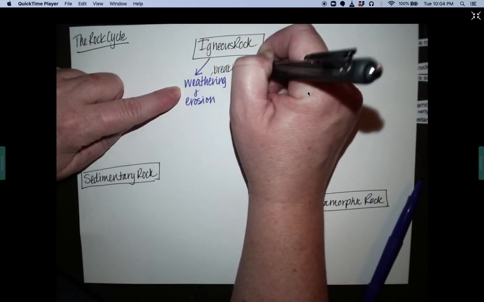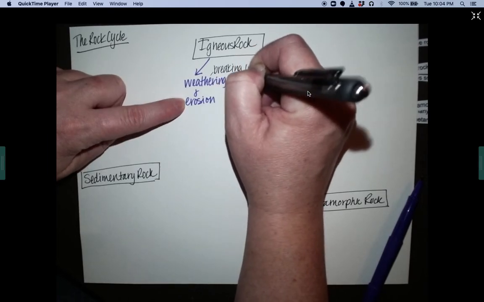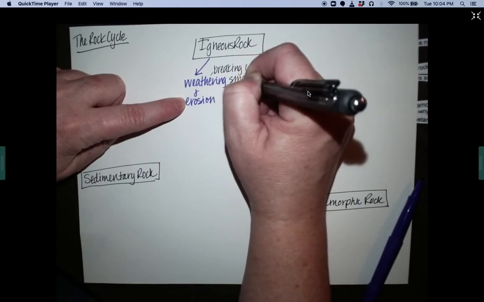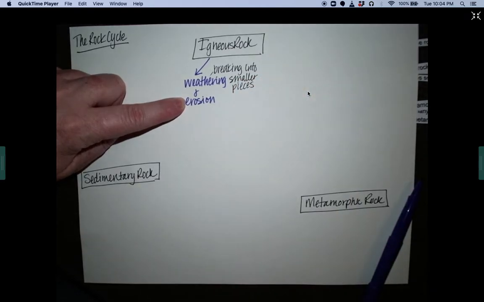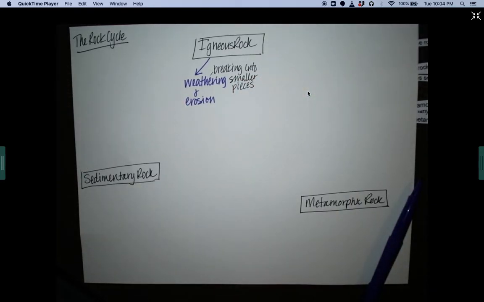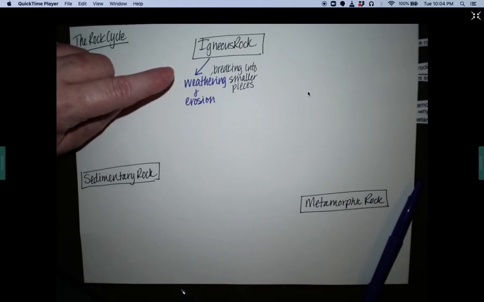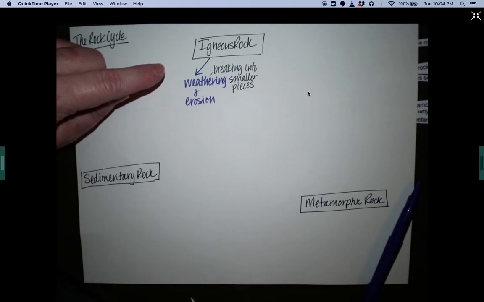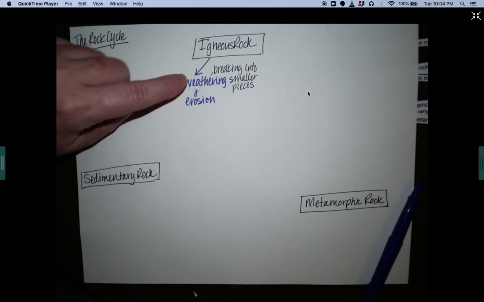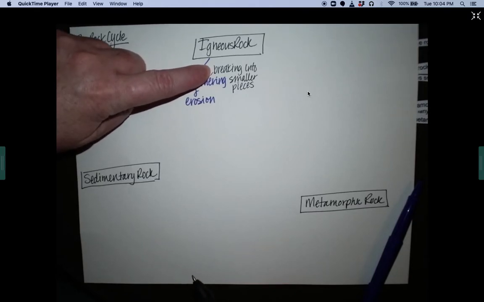into smaller pieces. Now, those smaller pieces usually get moved. If you think about it, dust in the air was, at one point in time, a rock. So weathering is the breaking down of it.